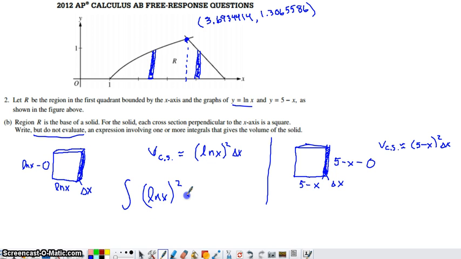The delta x is going to become a dx, telling us what to integrate with respect to. All slices, all cross-sections that have this set of dimensions are going to range with their x values between the x value of 1 and the x value of 3.693.